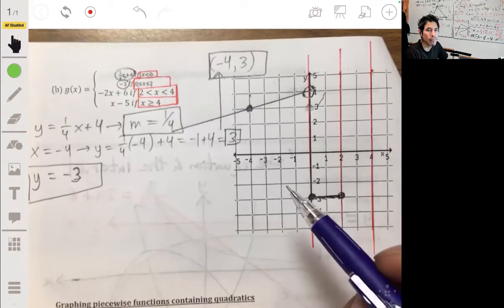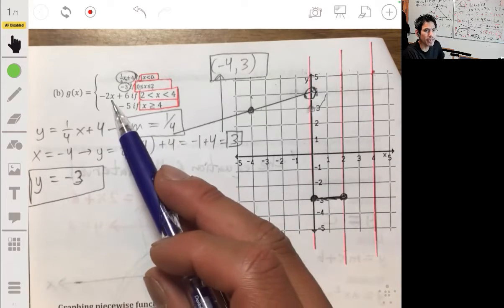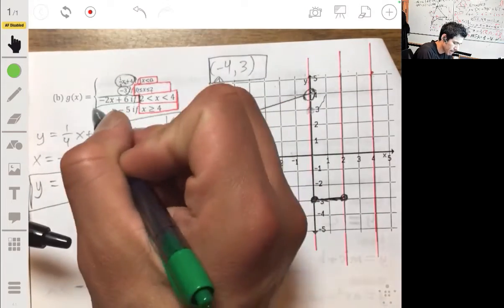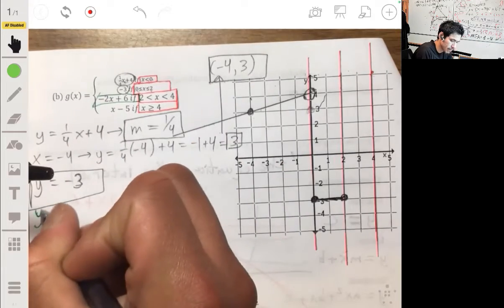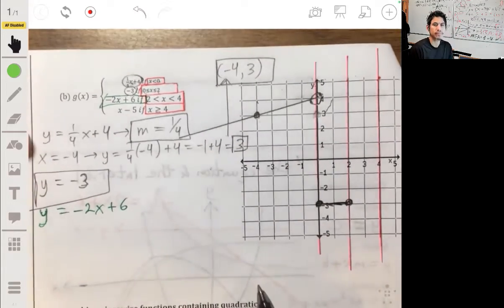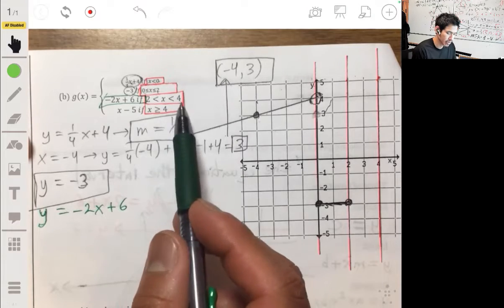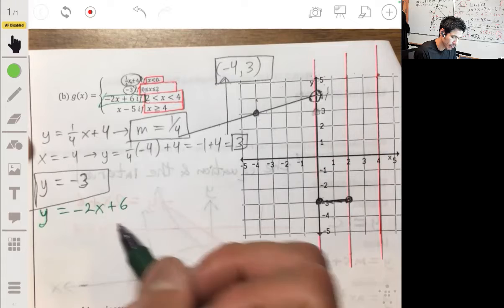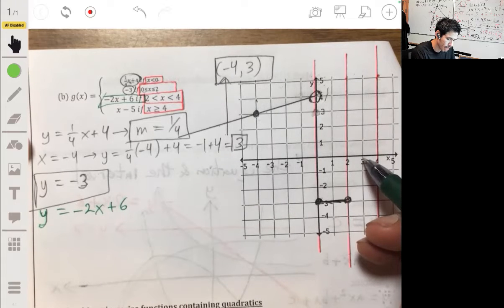Okay. Powering through, we have the next one. Let's go green. y is -2x plus 6. We're not going to include 2 or 4, so open circles on both ends. And let's just plug in.